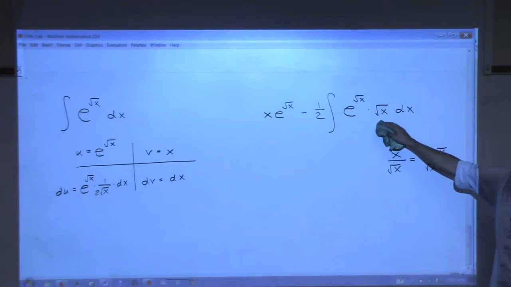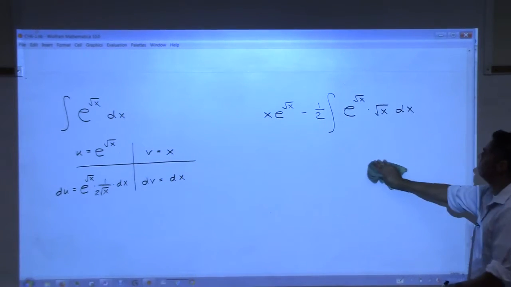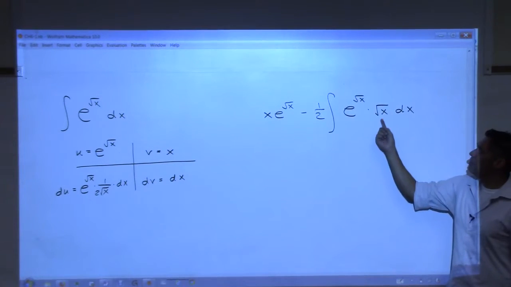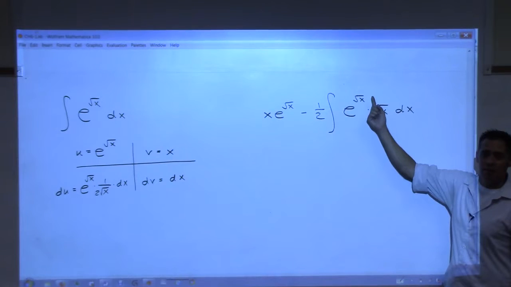So now we're here. And you look at this integral, and what do you want to do with it? Maybe integration by parts again, but what are you going to use for u? You want to use that for u, and then you're going to integrate that? Can't do that, right?